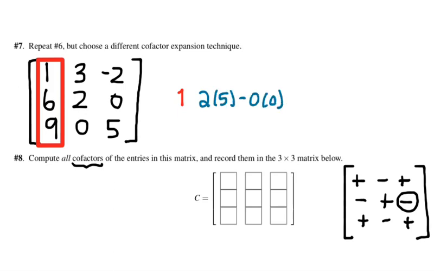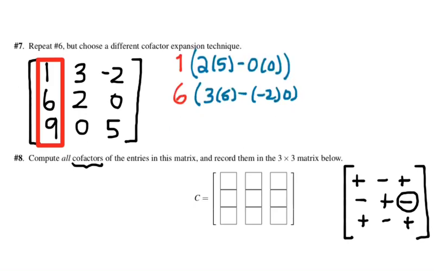Followed by 6 times 3 times 5 minus negative 2 times 0. And finally, 9 times 3 times 0 minus negative 2 times 2.